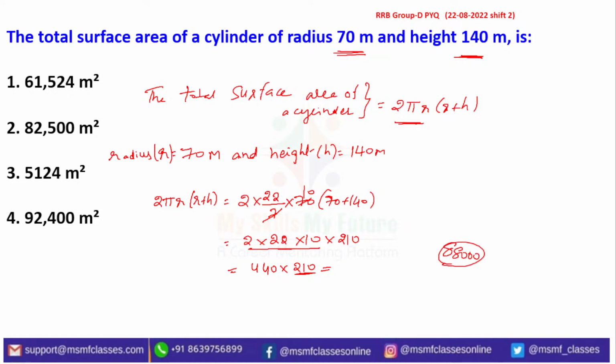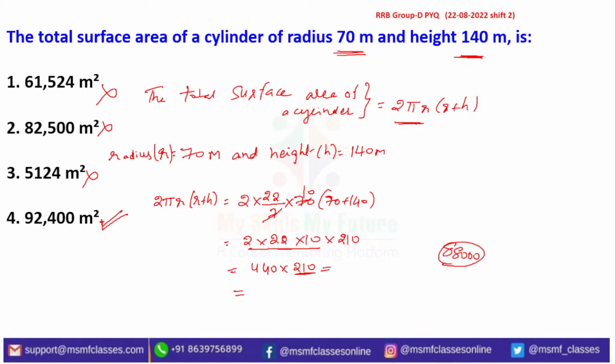Which option has a value more than 88,000? Option 1 is less than 88,000, that is why it is wrong. Option 2 is also wrong, less than 88,000. Option 3 is also wrong. Only one option is greater than 88,000, so option 4.